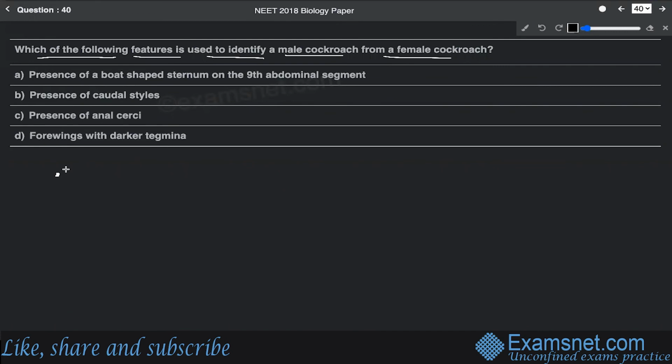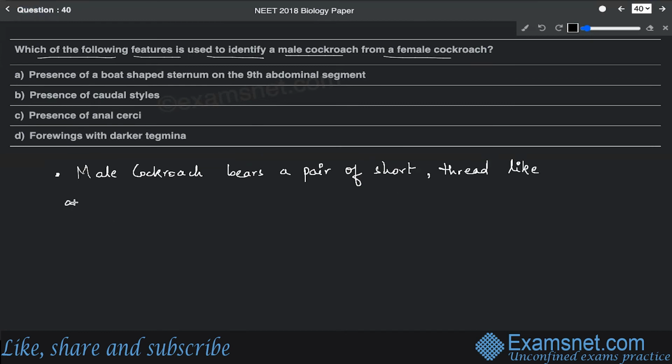All right. And anal styles are actually absent in case of females. Anal styles, or you can say caudal styles, basically. All right. So we can say that male cockroach bears a pair of short thread-like anal styles.